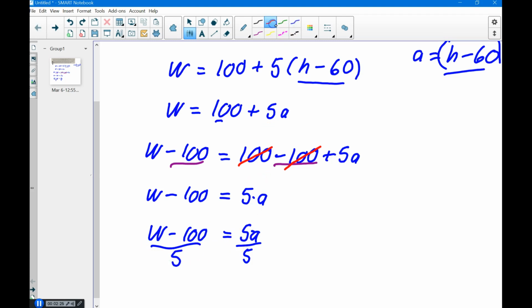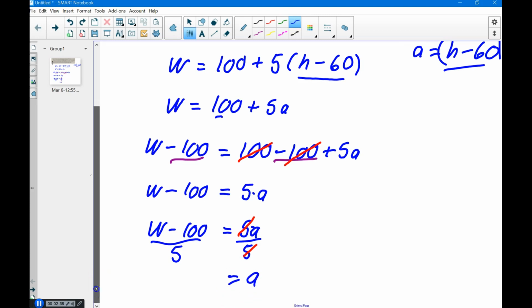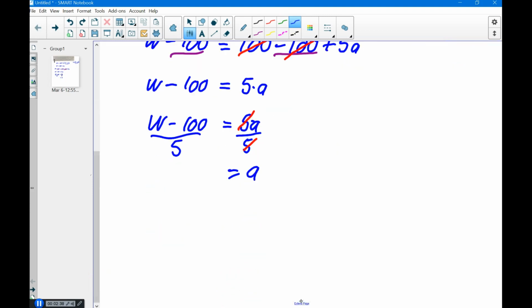So the 5's on this side cancel, and that becomes a 1. So on the right-hand side, I'm left with A. On the left-hand side of the equal sign, I have W minus 100 over 5 equals A.